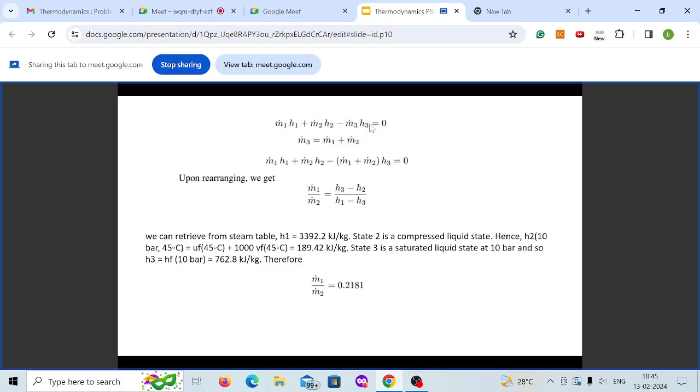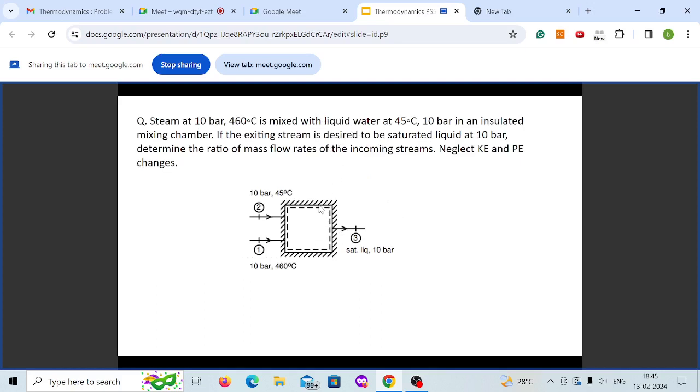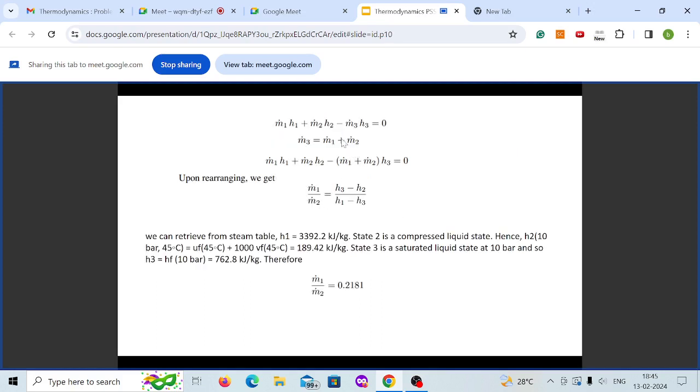Now doing a mass balance, the mass which is coming in should be equal to the mass which is going out, assuming this is steady state. So M3 equals M1 plus M2. Substituting M3 as M1 plus M2, we get the ratio of M1 and M2 as H3 minus H2 by H1 minus H3. We use the first two equations to come up with this ratio of mass flow rates in terms of enthalpies.